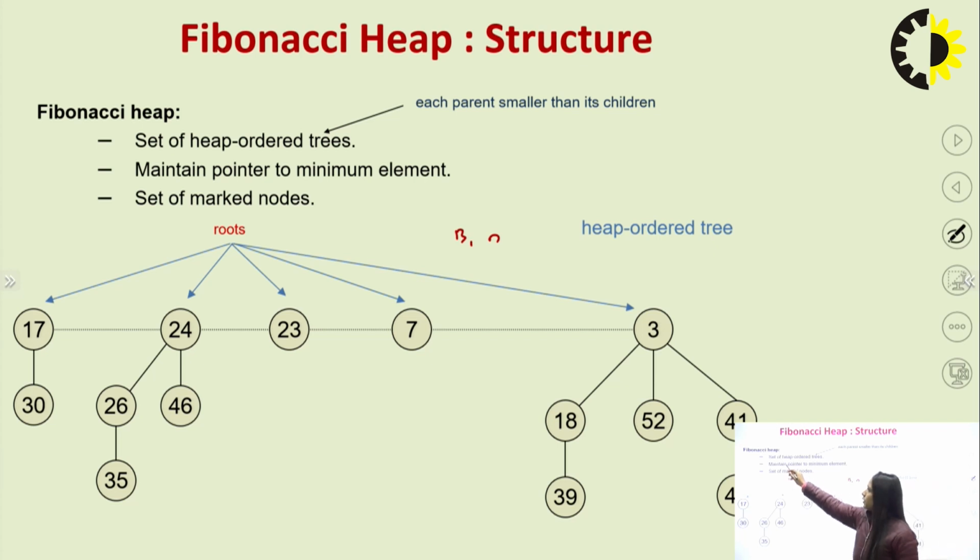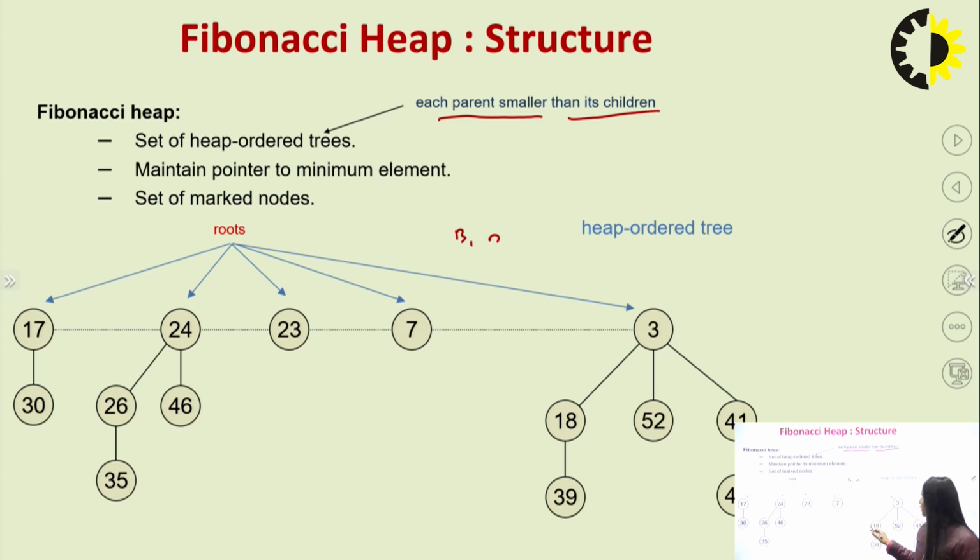For a set of heap-ordered trees, we have to check that each parent is smaller than its children, because at the root node we have to keep the minimum key. So every parent node should be smaller than its children nodes.